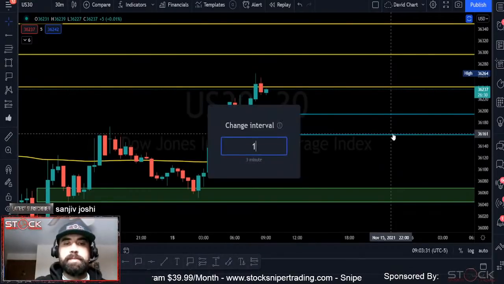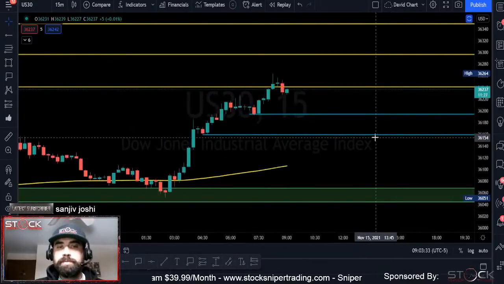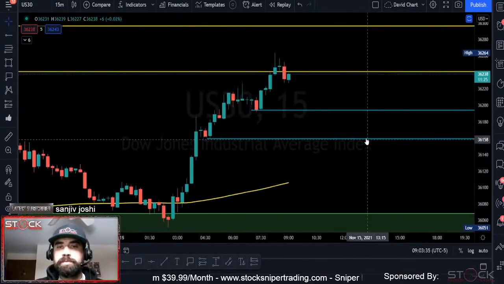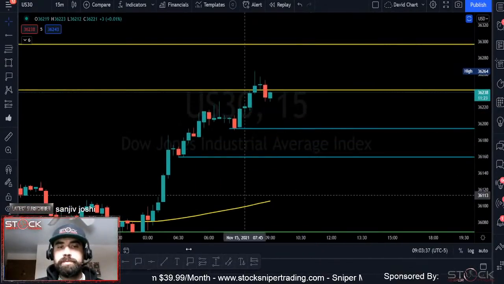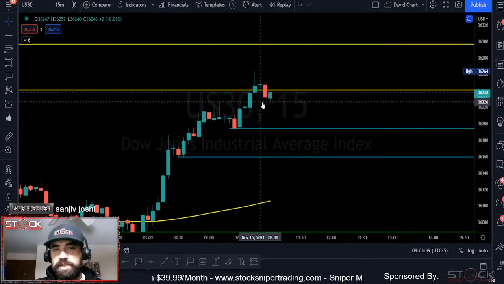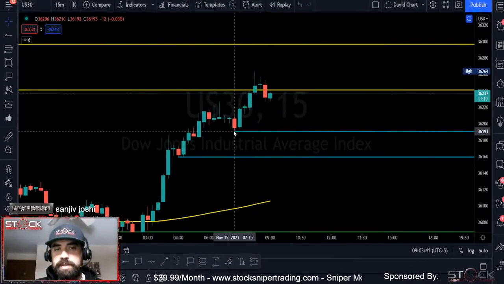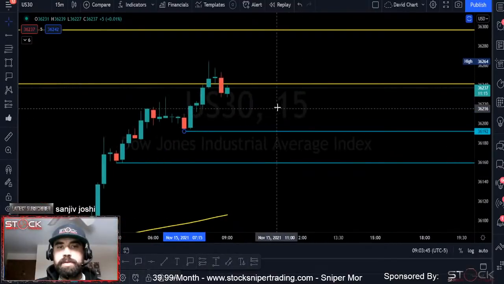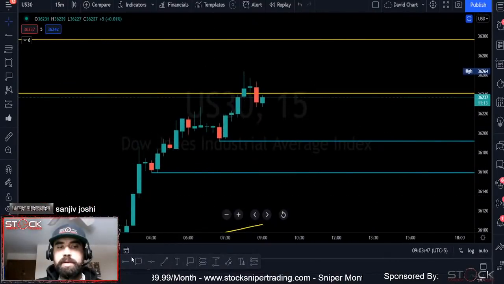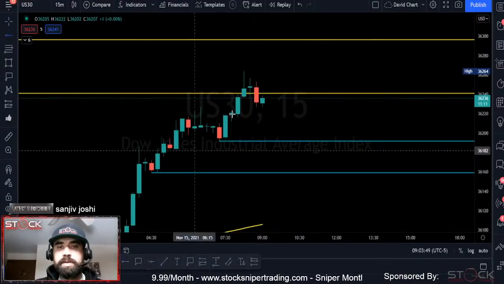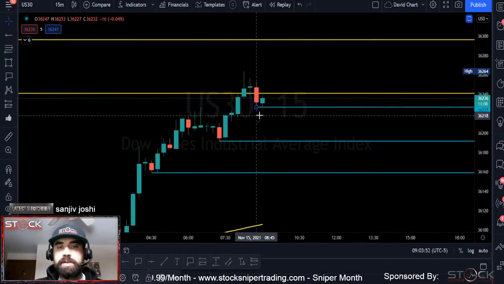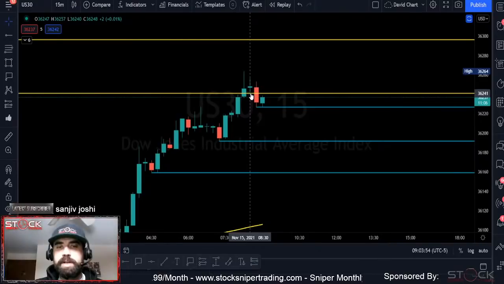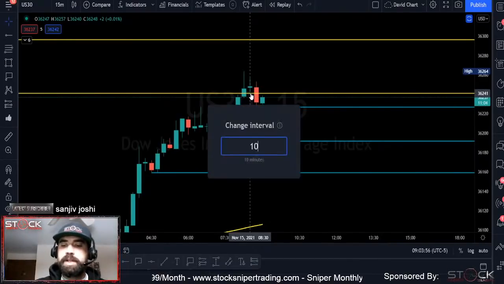Now we have 15 minutes. Starting to form, I want to tighten this up a bit. Get the wicks. And then I would love to see the bottom of this closed candle right there, which is perfect for higher time. Now we're going to go to the 10-minute.